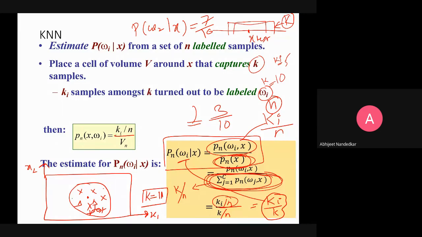Once those 11 are collected, we come out of this loop and check how many of the samples belong to cross and how many of the collected 11 samples belong to triangle or group 2. Whichever is maximum, you choose that particular label for X test. So that is the simplest way of implementing KNN.